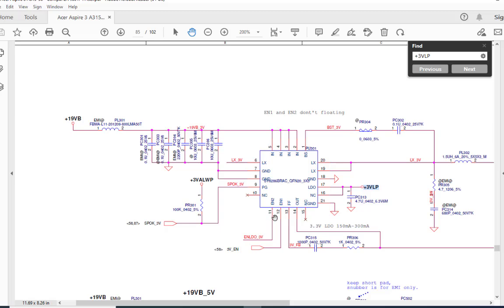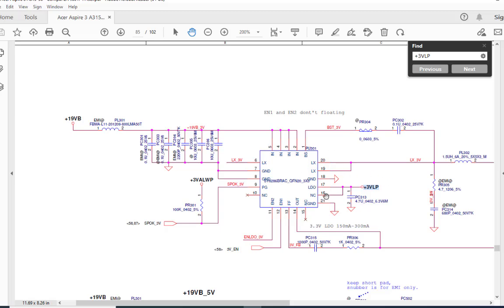Once it receives a minimum of 3 volt on that enable signal, then this chip generates this 3 volt, and this 3 volt is going to the SR. Now if the SR is not getting this 3 volt, then you have to check these two signals, that is the input signal, a 19 volt here, and a minimum 3 volt here. If one of the voltages is missing, then you have to go back and check why that particular voltage is not coming. And if both voltages are coming but still the 3 volt output is not coming, then this chip could be faulty. It's like that.